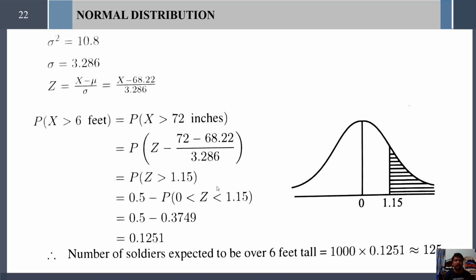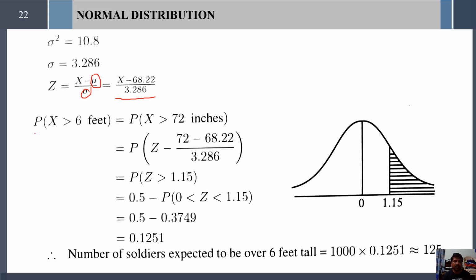As usual, you substitute the value of mean mu and sigma in the standard normal variate. So you simply substitute the mean value here and the sigma value here. Then we have this term as the standard normal variate.